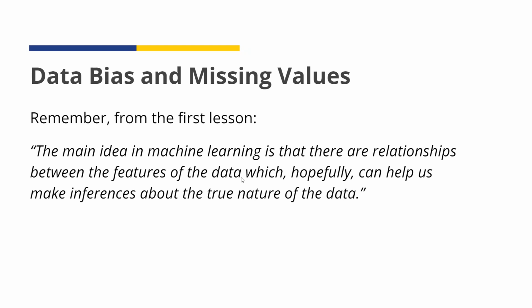In the first lesson, if you were here and you saw that, we kind of went over the idea that machine learning is essentially a way of figuring out relationships between features of data, which hopefully helps us to make some sort of inferences about relationships and occurrences in nature, and how we deal with missing values determines, in some ways, some of the underlying inferences we make about data.